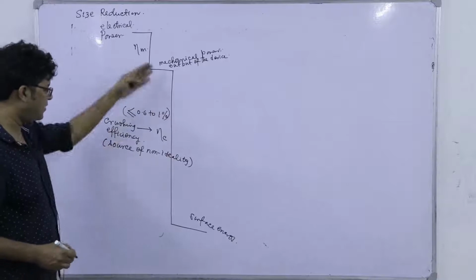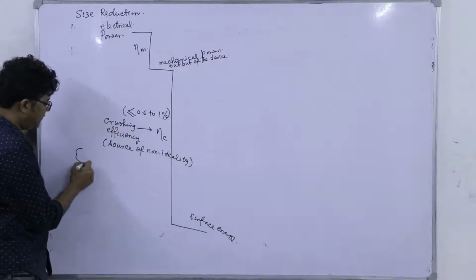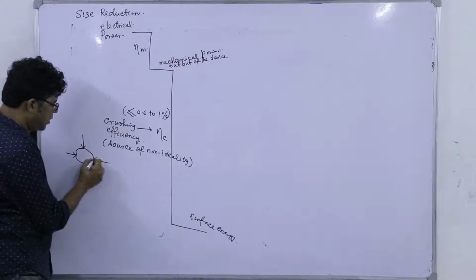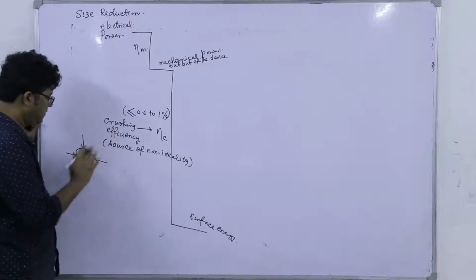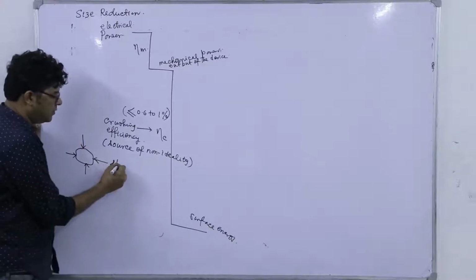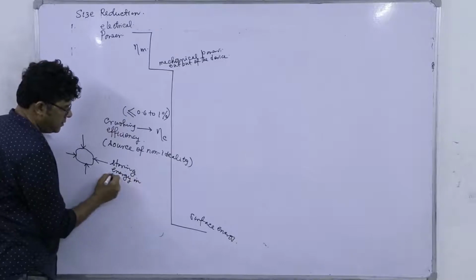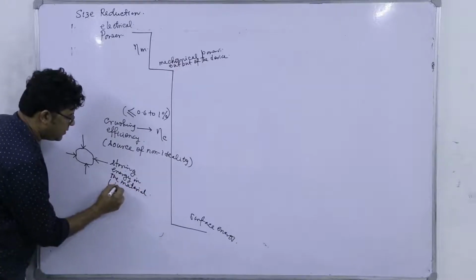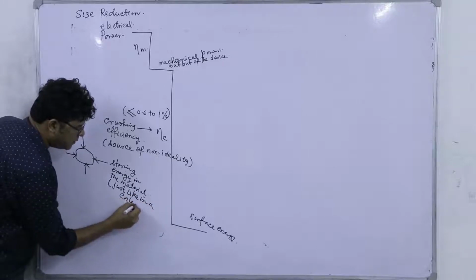Now we have to understand why we have this huge drop. Whenever you have feed, you are compressing it, or giving attrition or impact, whatever, right. So in this process, you are storing energy in the material, just like in a coiled spring.